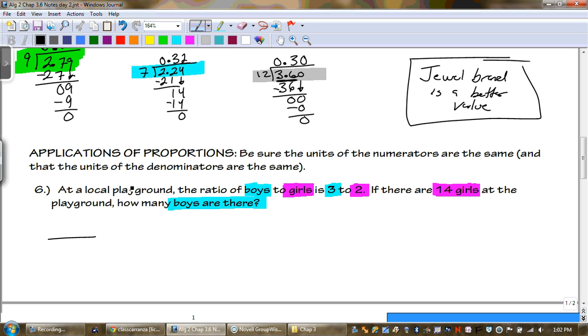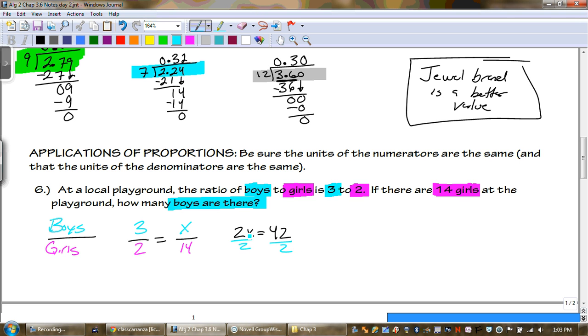Okay, so when you're setting this up, be careful about what's on the top and what's on the bottom. It told us at the beginning that there were 3 boys to every 2 girls. We know there are 14 girls, but how many boys are there? Okay, so setting up our proportion, we get 2x equals 3 times 14, which is 42.